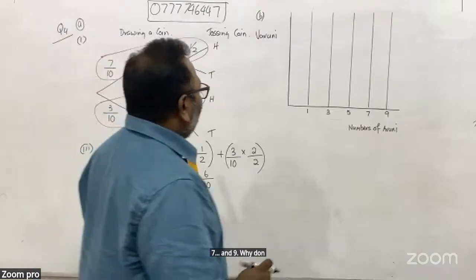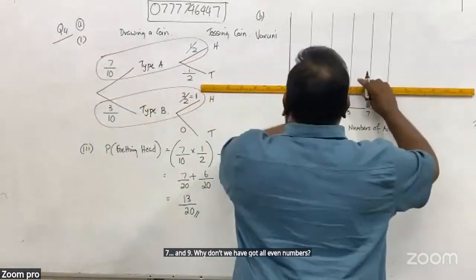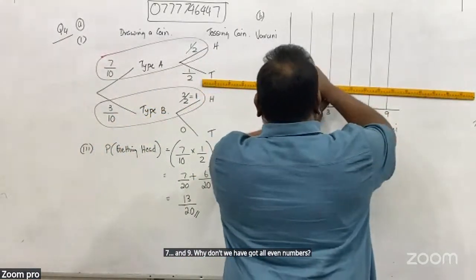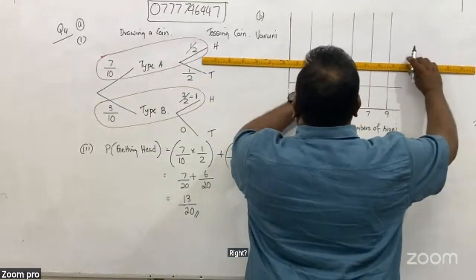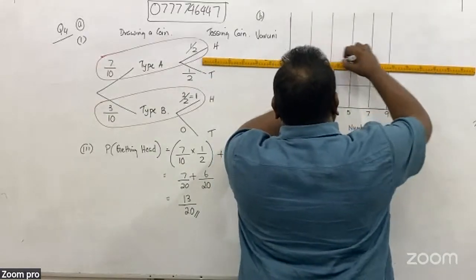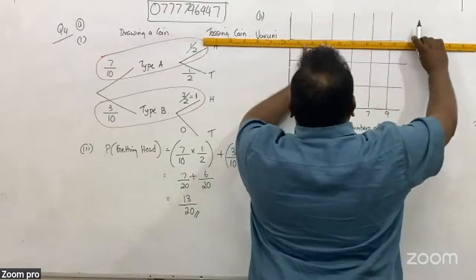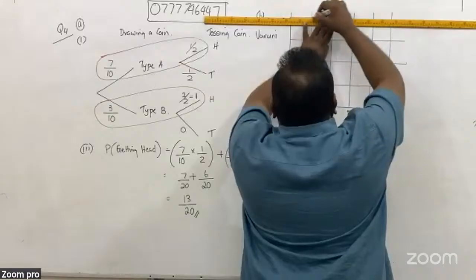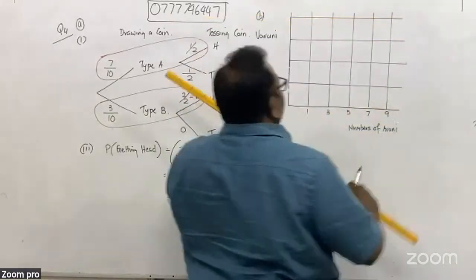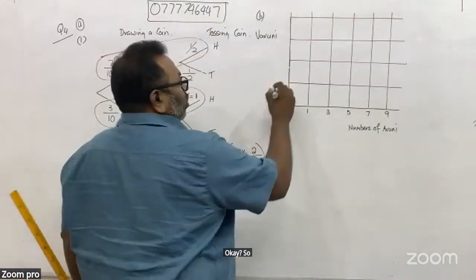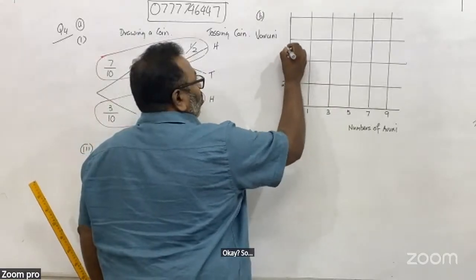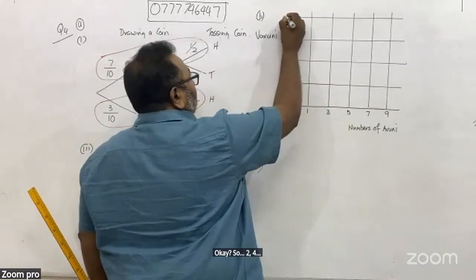Varuni has got all even numbers, right? Okay. So 2, 4, 6, and 8.